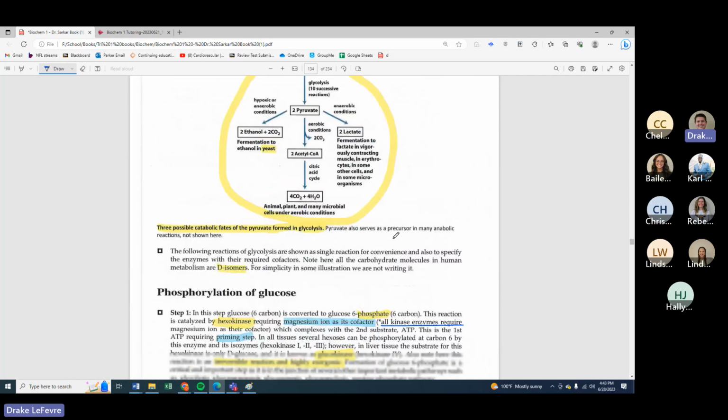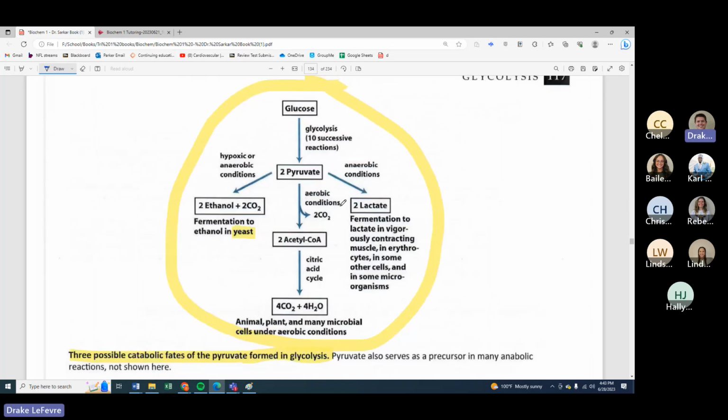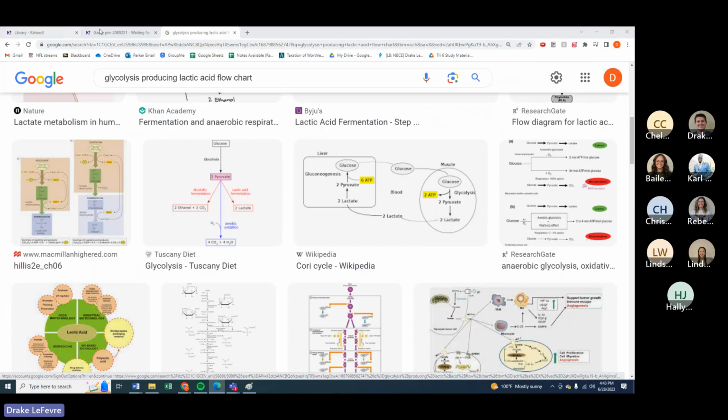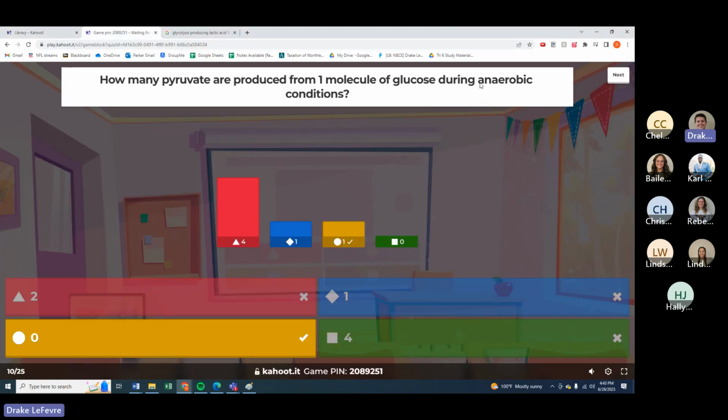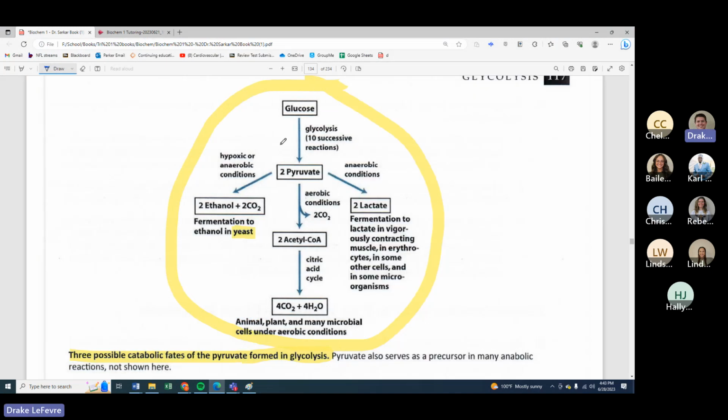I was going a little fast. Okay, so technically the answer to this question would be that 2 pyruvate are still produced. However, those pyruvate do not continue to acetyl-CoA. They get converted to lactate. This is my mistake. I'm sorry, guys. We're all in the process of learning.